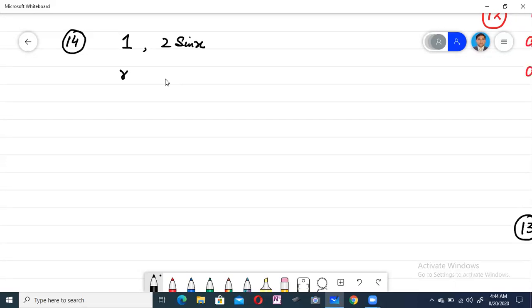For a convergent sequence, here we can write minus 1 less than r less than 1. R will be in between minus 1 and 1.